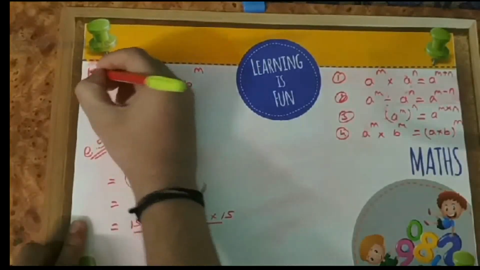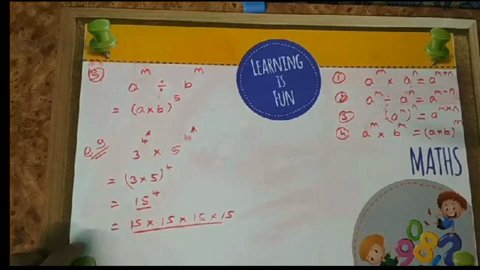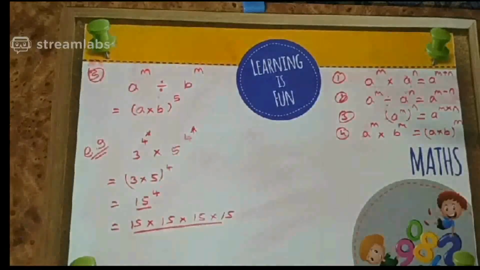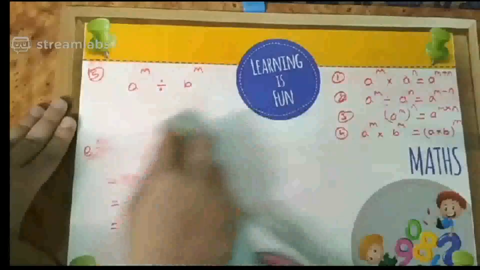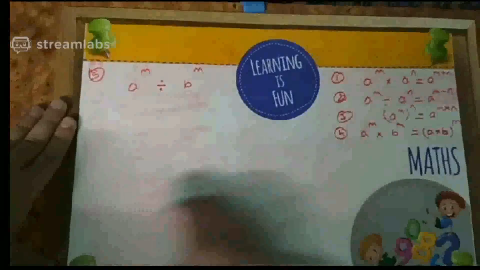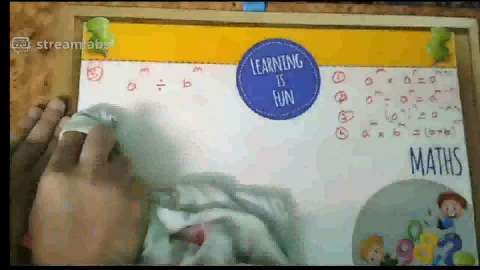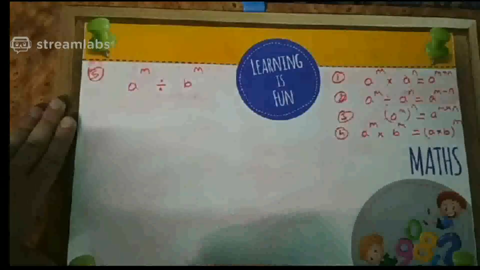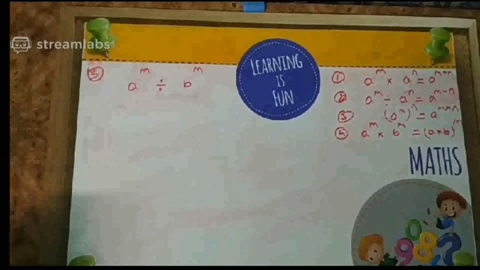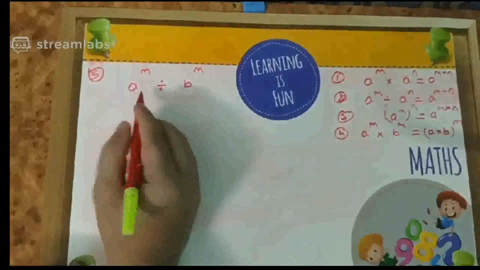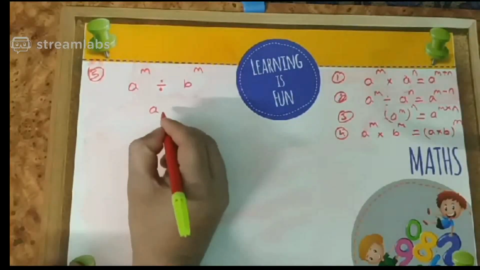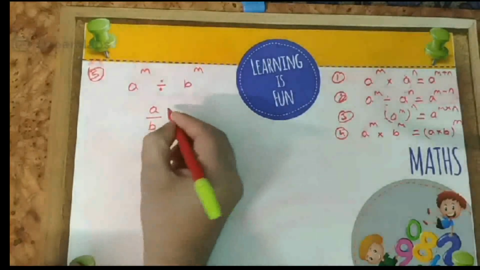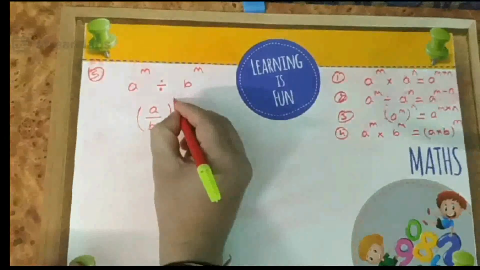All of you know that if there is a division sign, we are dividing the numbers. That's true. If we have a division sign, then we are simply dividing the first number by the second number. The same thing will be applicable. If the base is different but the power is the same, then it is A divided by B, whole power m.